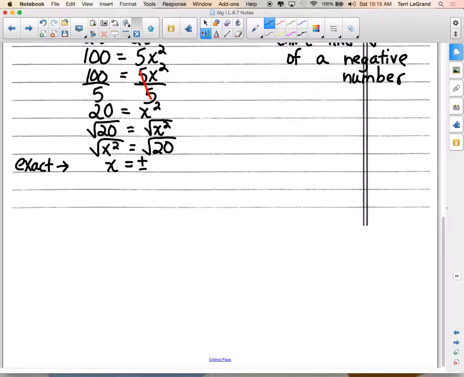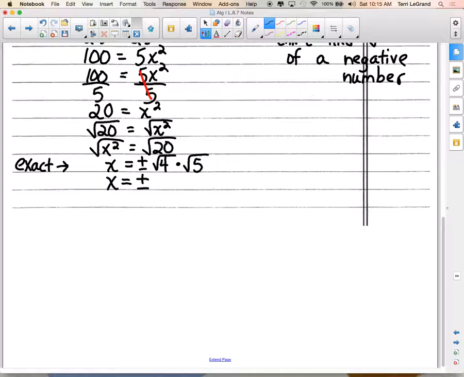Let's start at 4. Oh, 4 does go in. So the square root of 4 times the square root of, what times 4 is 20? 5. So we can rename the square root of 20 as the square root of 4 times the square root of 5. X is equal to a positive or a negative.